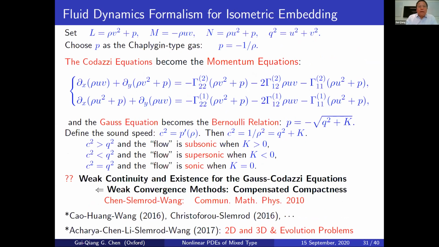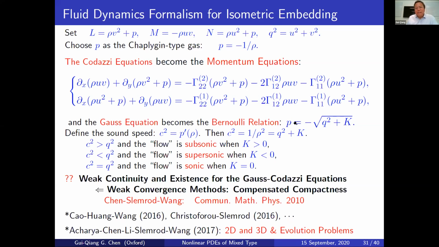This can also be seen through the fluid dynamic formalism. I took it from the paper with Marshall Slemrod, in CMP 2010. We found this formalism: if we use an angle, we can write down this form, and with the constitutive relation we choose, a Chaplygin type gas, the relation between density and velocity, the Codazzi equation becomes the momentum equation, the balance law of momentum, and the Gauss equation becomes basically the Bernoulli relation.